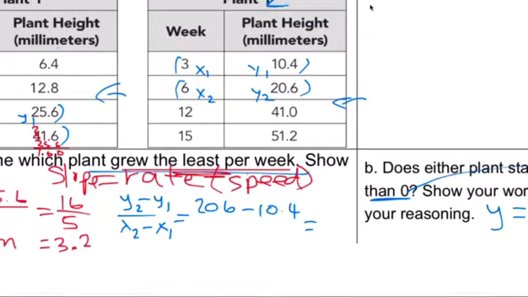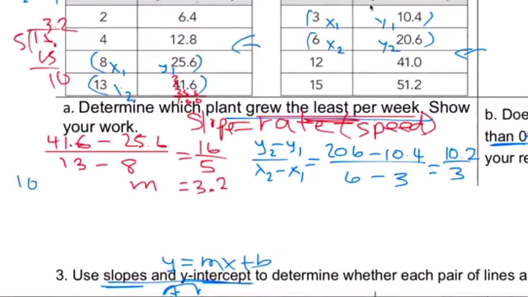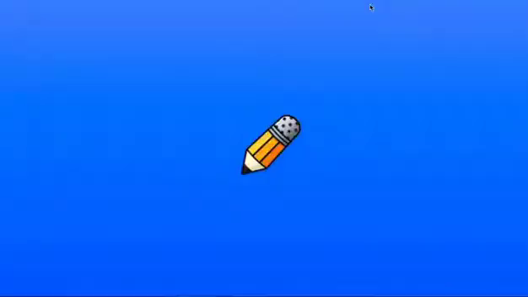You would get 10.2. Let me check. Yep, that's 20.6. Subtract backwards, guys. And then x sub 2 is 6 minus 3. Gets me 3. Let's divide it. 10.2 divided by 3.